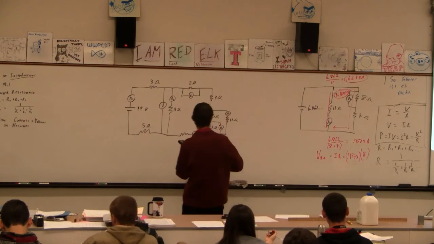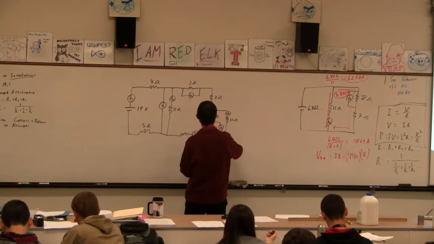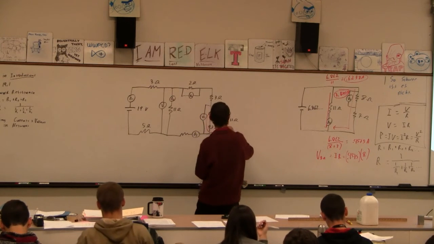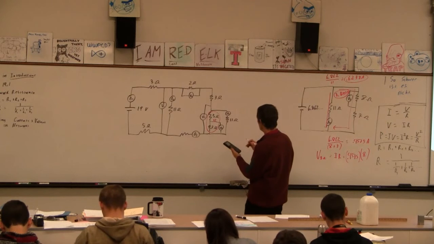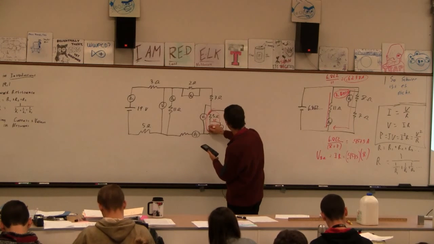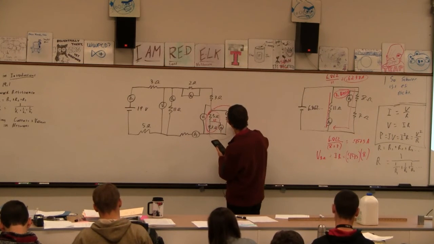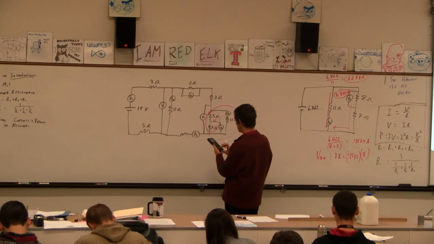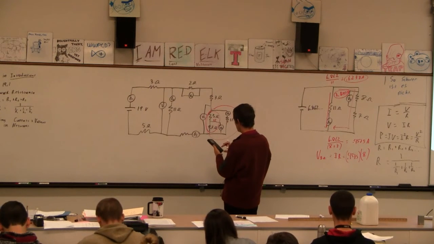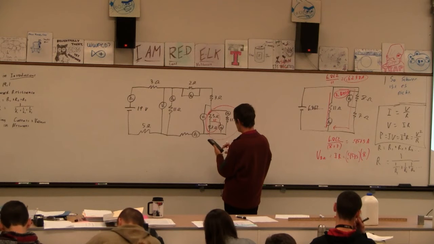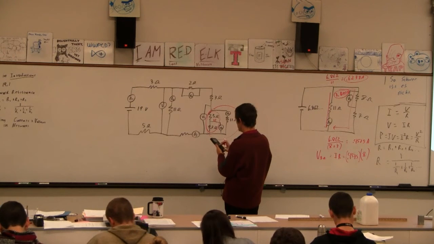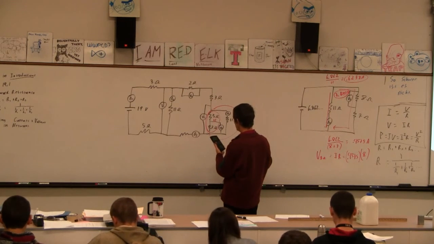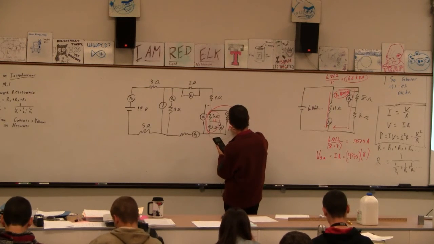Okay, so again, 5 and a 7 is a 12, right? 12 and 11 is going to be my A. So that's parallel, and that's going to be 1 divided by 11 plus 1 divided by 12. Store in A. So that's my 5.739.